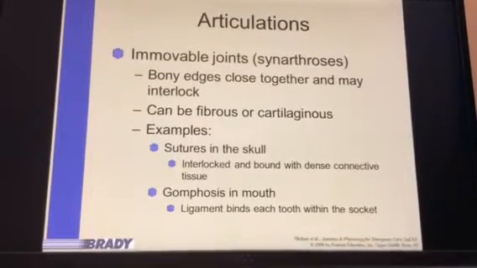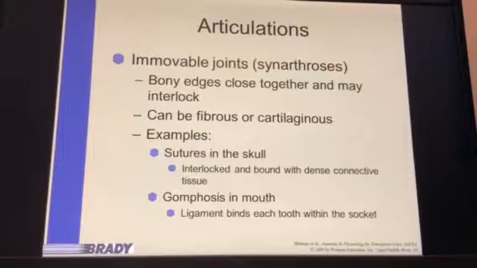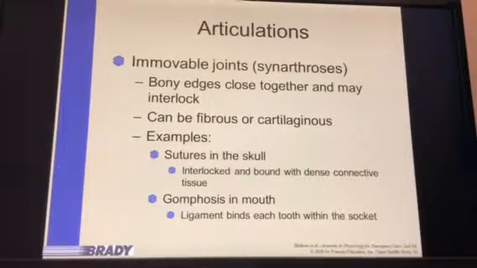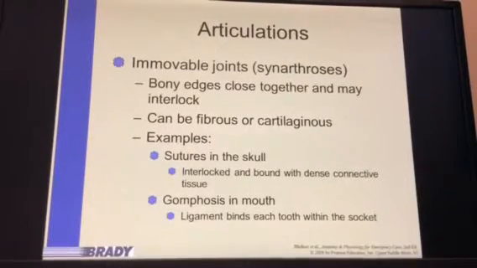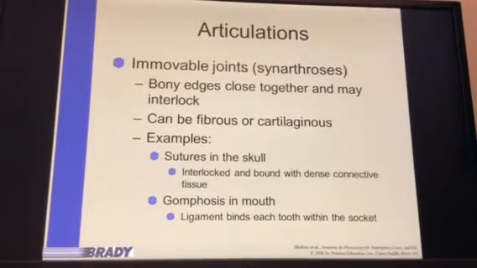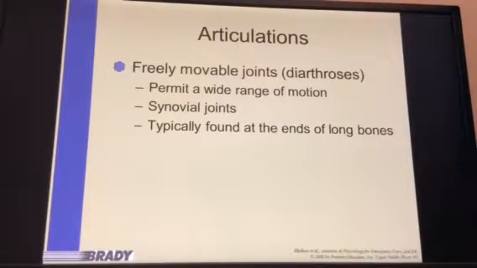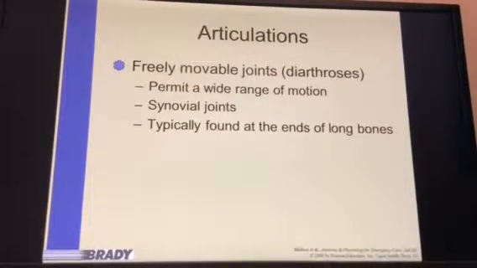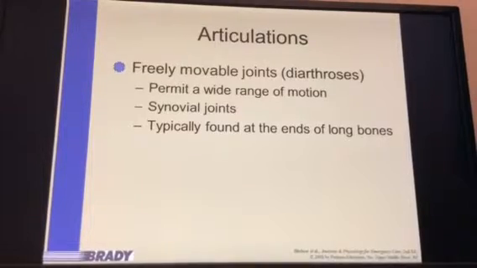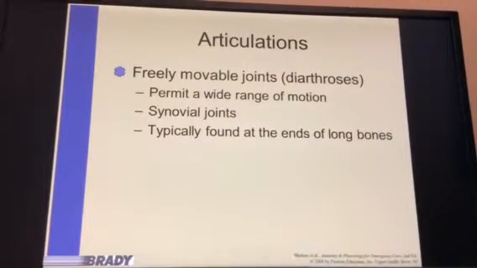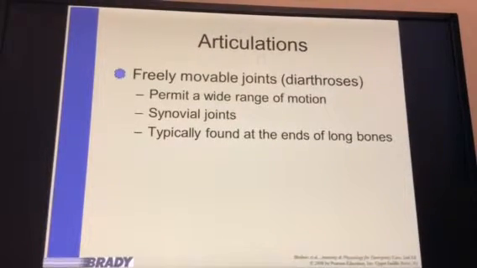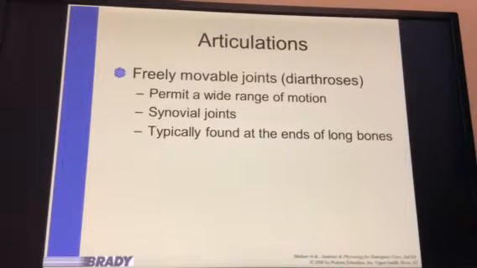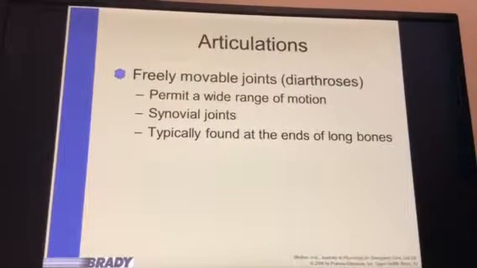So synarthrosis is one of our immobile joints, whereas our other articulations are freely movable joints. They allow movement, and how the bones meet determines what type of motion is allowed. So let's get into these different joints.